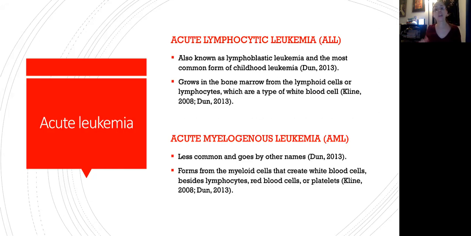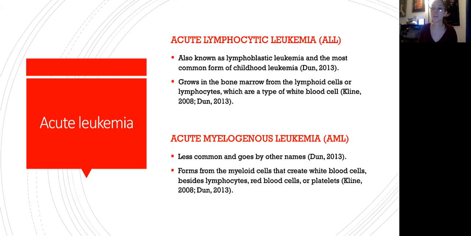There are two types of leukemia that are considered acute. The first is acute lymphocytic leukemia, and the second is acute myelogenous leukemia. AML is also known as acute myeloid leukemia, acute myelocytic leukemia, or acute non-lymphocytic leukemia.